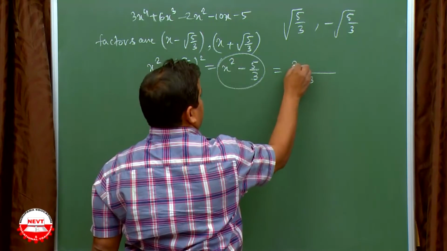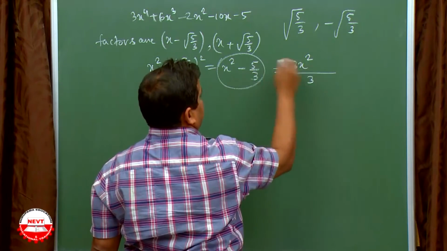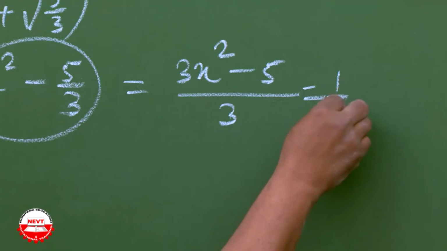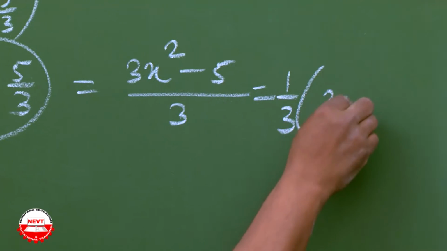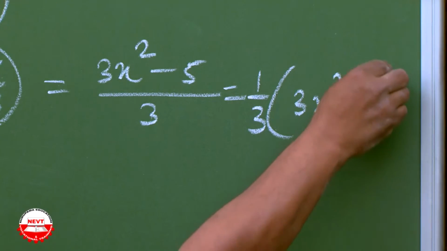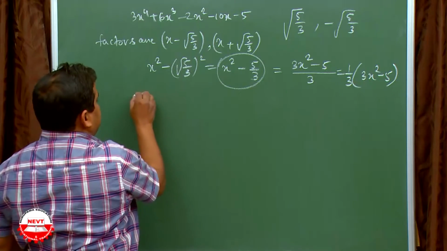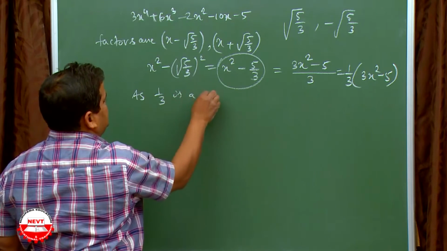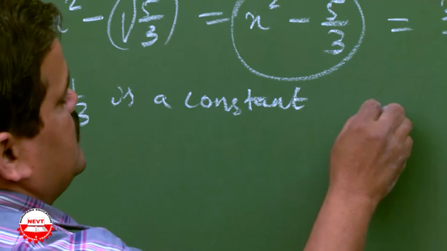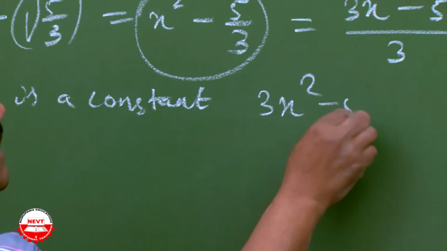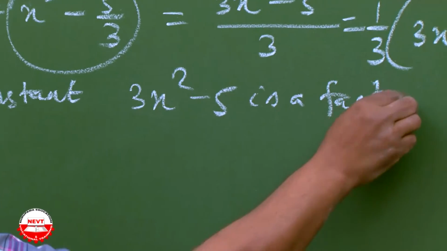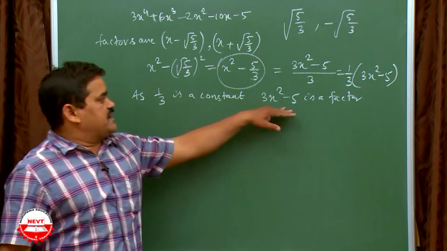So it will be (3x² − 5)/3, which is equal to 1/3 into (3x² − 5). As 1/3 is a constant, 3x² − 5 is a factor. Clear? So this is the factor.